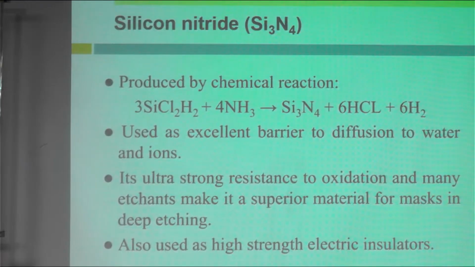Silicon nitride can be used as the mask, and is also used as a high strength electric insulator. Besides strong resistance to oxidation, it is also used as an electric insulator. It's the same kind of material, but with slightly different values in comparison with silicon dioxide.